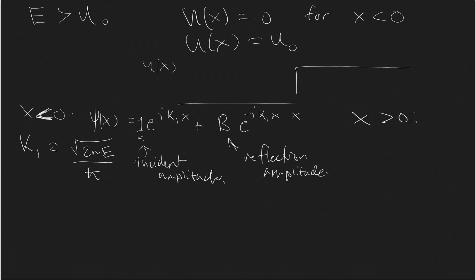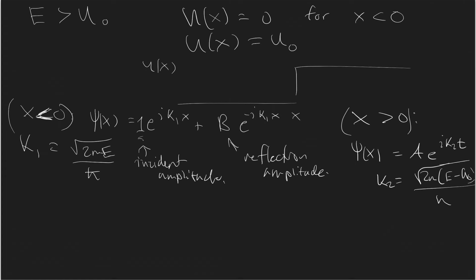Let's look at x greater than 0. Let's put these in parentheses. For x greater than 0, we can say that psi of x is going to equal just some other amplitude, let's say A, with some new coefficient here, where k2 is going to be the square root of 2m times (E minus the potential energy here), and then of course divided by h bar.